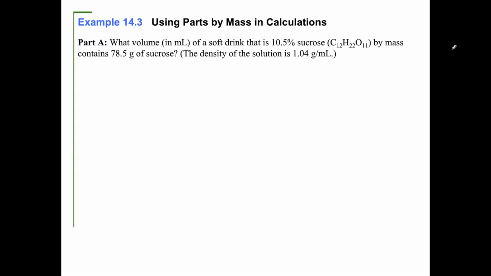Remember, density is mass over volume, and density can be used as a conversion factor. So if you're starting out with, for example, grams, and you want to get to milliliters, the density is going to be how you get there. Likewise, same thing.